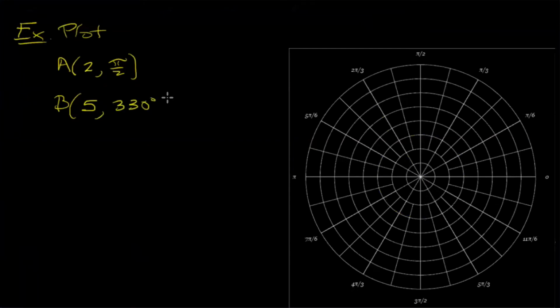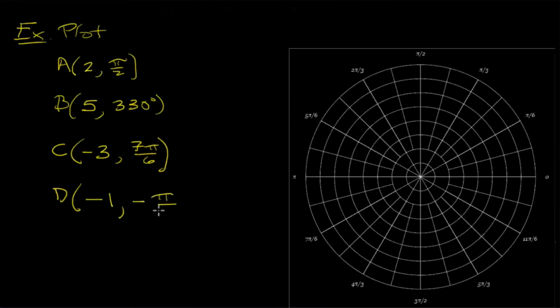We're going to plot point C, that is negative 3, 7 pi over 6, and then point D, that is negative 1, negative pi over 3.